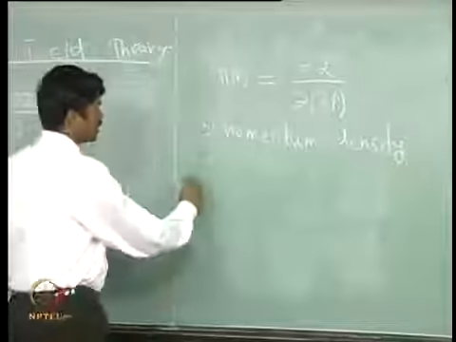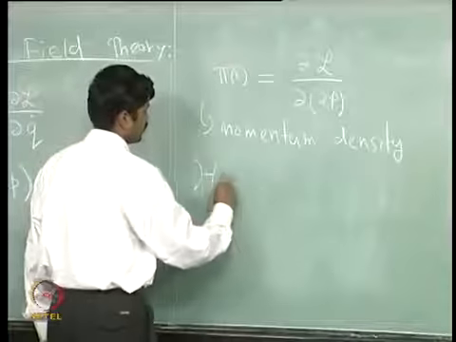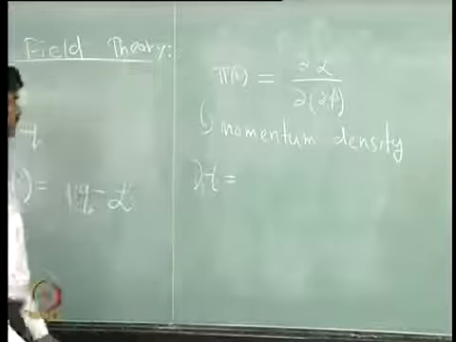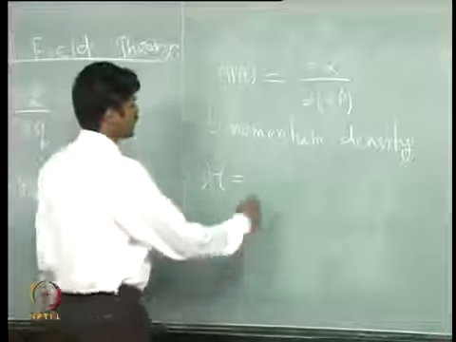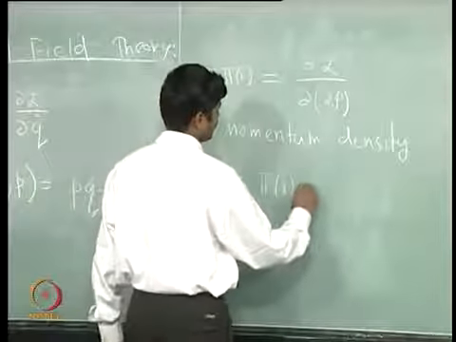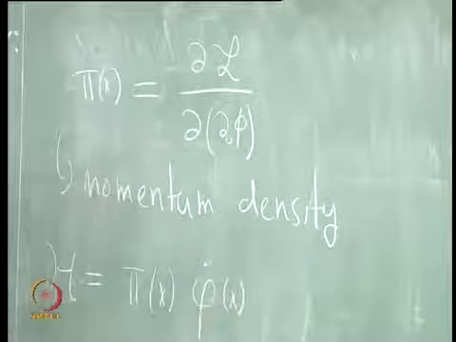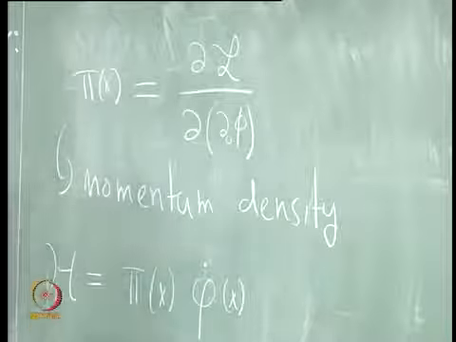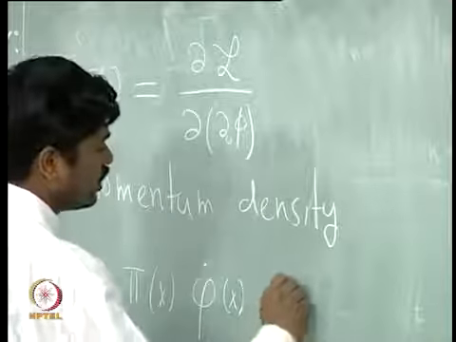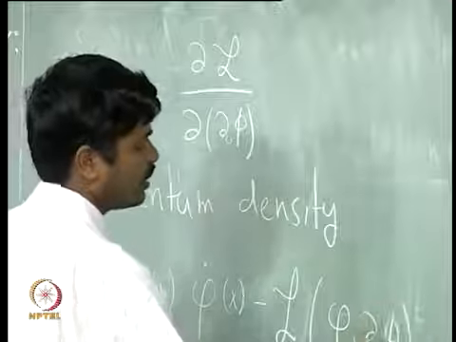Then the Hamiltonian density H is pi of x phi dot of x minus L of phi, del mu phi.